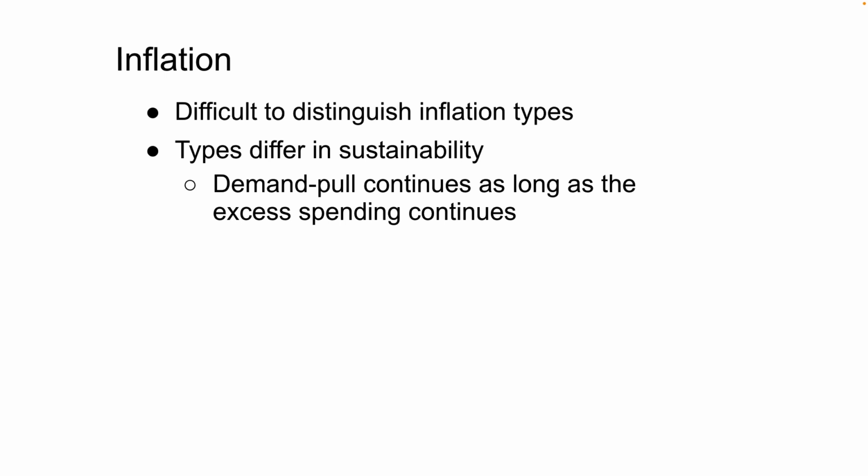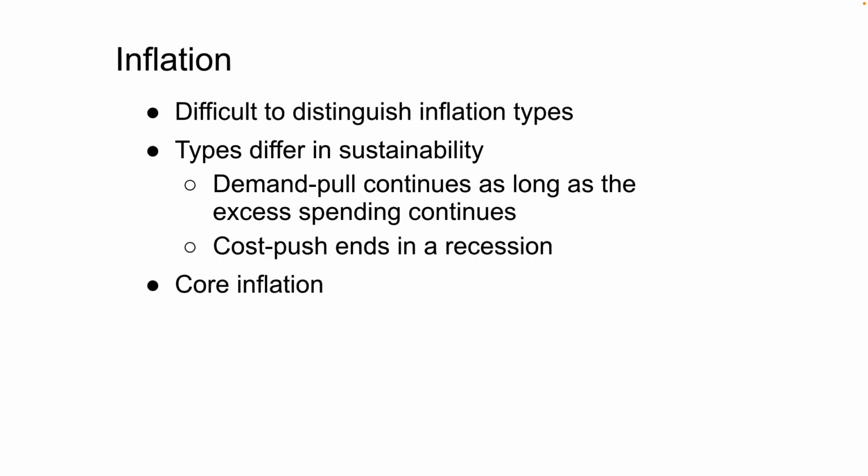We still continue to see inflation roaring through the economy, and that's probably because we had a lot of money in savings, and we just were able to keep spending. But cost push tends to be kind of a one and done.